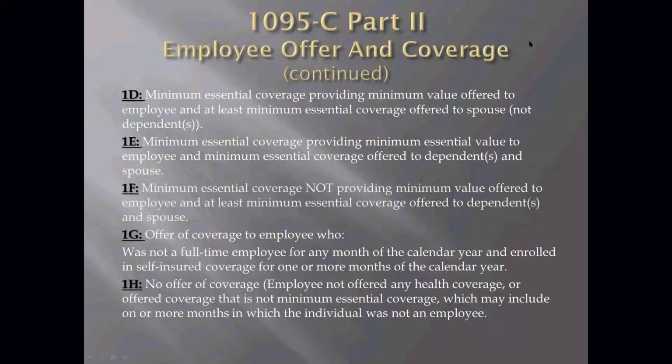Now as we continue through, 1D is just going to continue down the line. This is coverage that's offered to the employee plus the spouse, but not the children. 1E, minimum essential coverage providing minimum value to employee and minimum essential coverage offered to dependents and spouse.